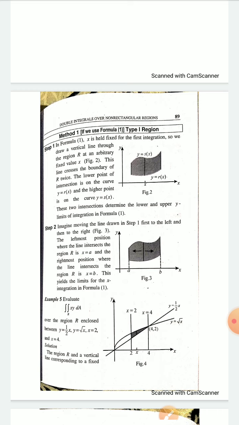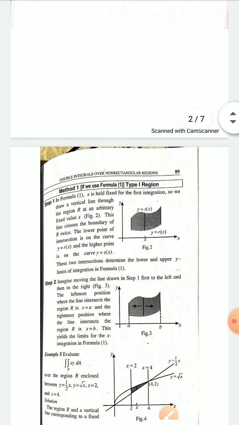In this case, in formula 1 of Fubini's theorem, recall the formula 1. In that form, x is held fixed for the first integration, and y is varying between r of x and s of x.